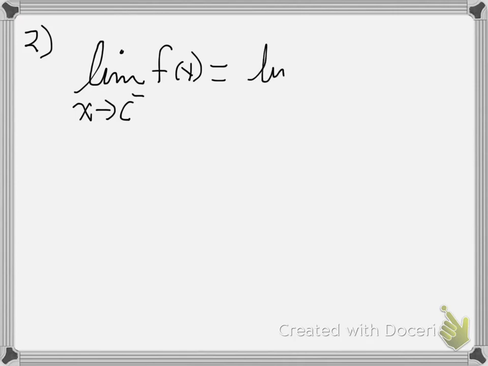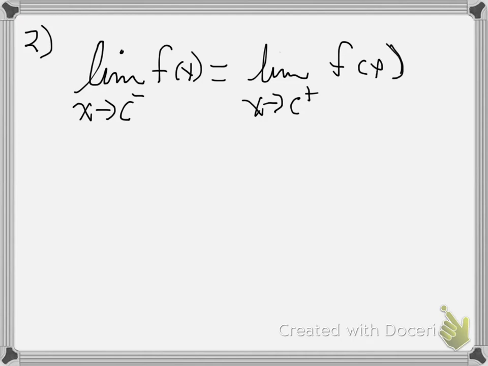is that we talked about left and right hand limits before. In order for a function to be continuous at a point c, the limit as x approaches c from the negative side of f of x has to equal the limit as x approaches c from the positive side of f of x.